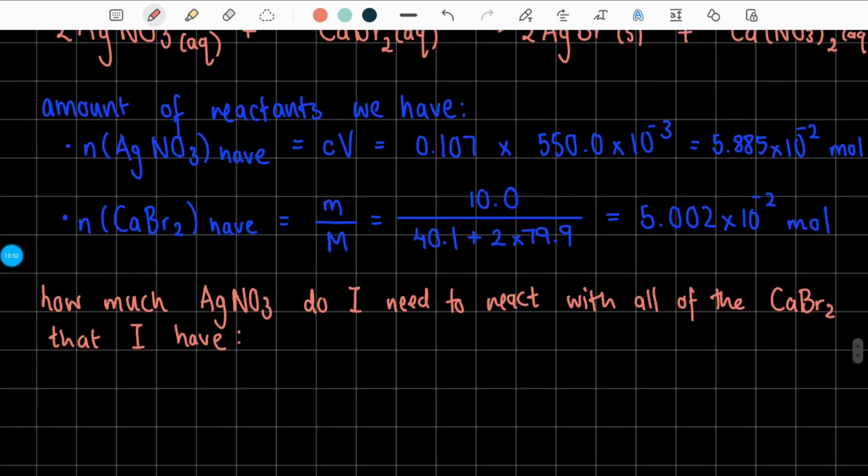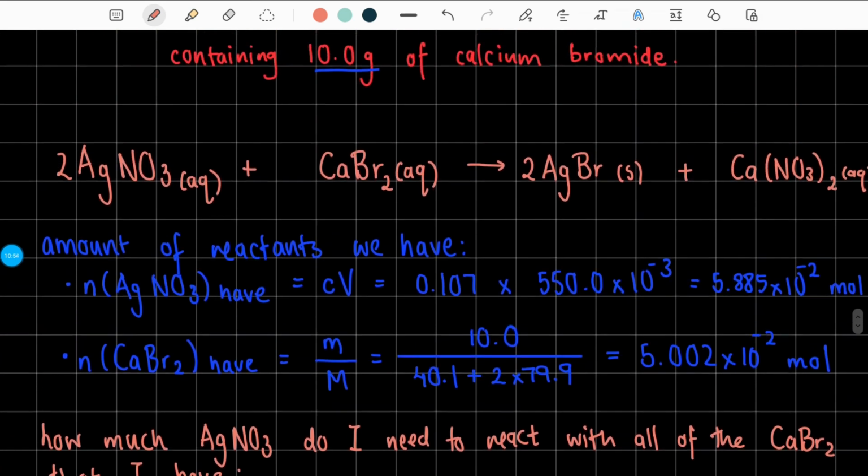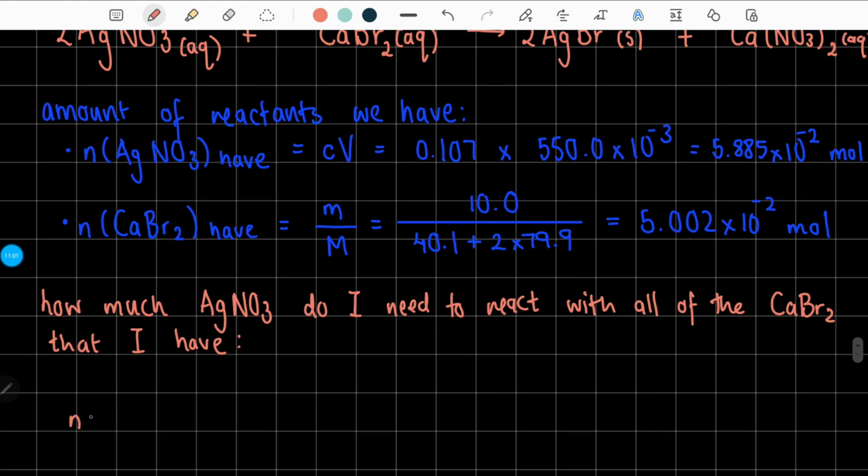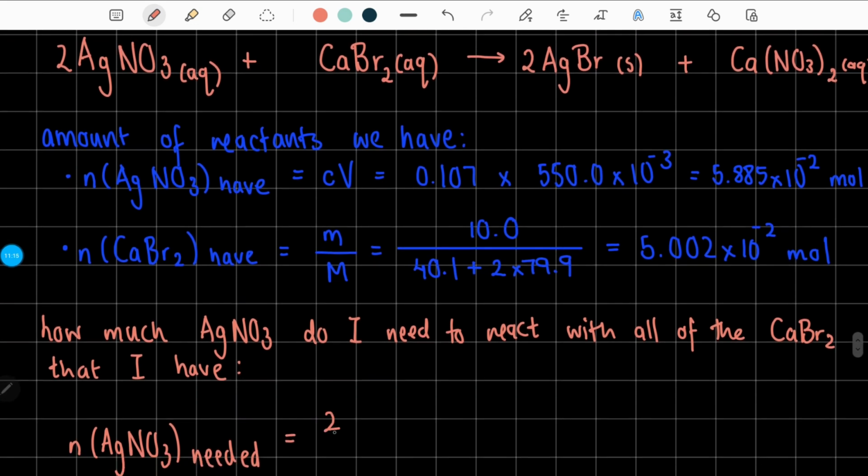Let's have a look. So from our molar ratios, from the balanced equation that we have, the moles of AgNO3 needed to react with all of your calcium bromide is going to be 2:1 times the moles of CaBr2 that I have, okay?